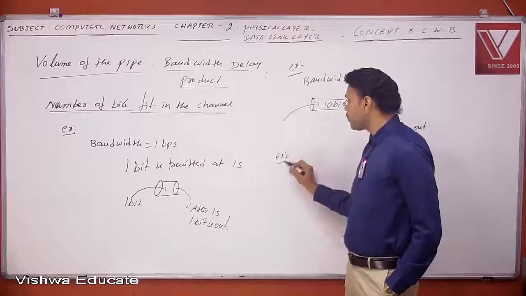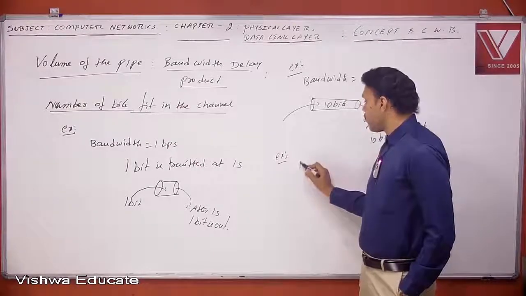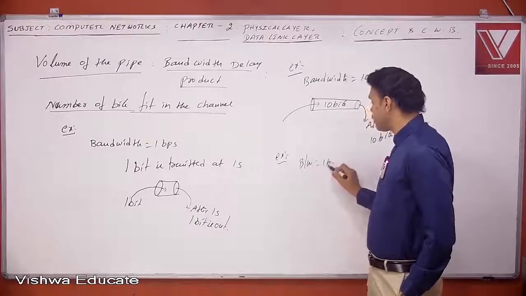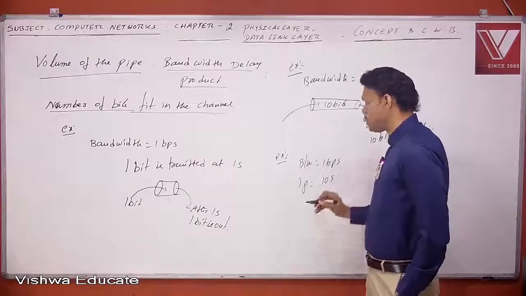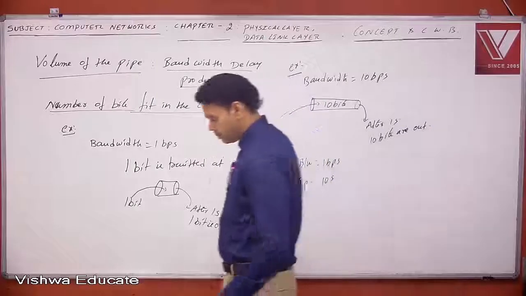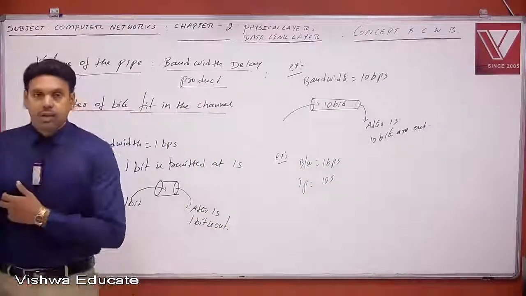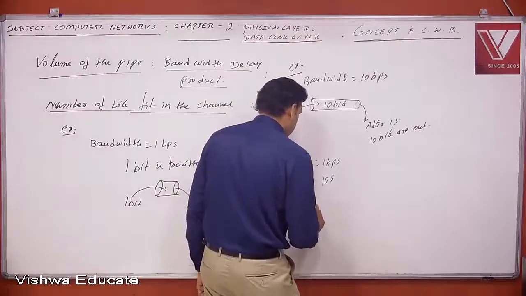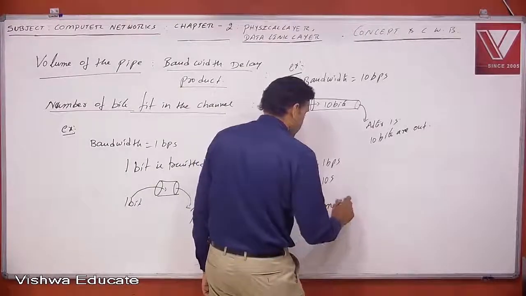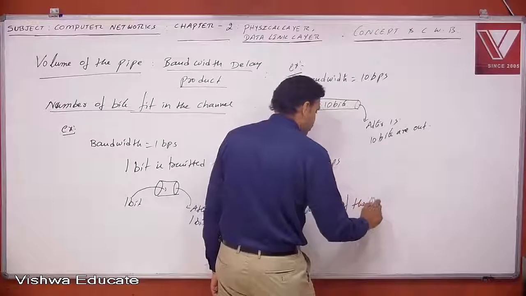If I say bandwidth is equal to 1 bit per second, TP is equal to 10 seconds. Now he is asking you to find the volume of the pipe.